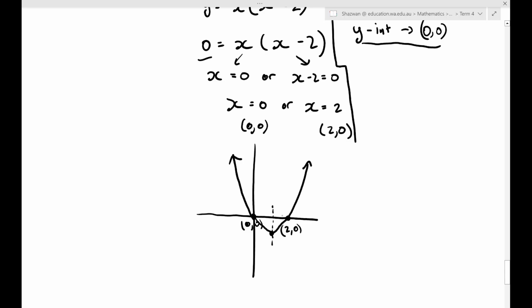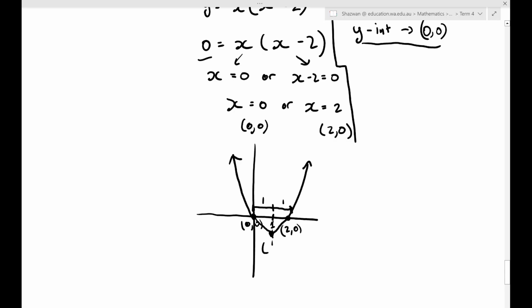The distance from my turning point to my root on the right is going to be equal to the distance from my turning point to the root on the left, because this quadratic is symmetrical. Well, I can see that there's a total gap of 2. That means if I cut it in half, that's going to be a distance of 1, and a distance of 1. This turning point here must have an x value of 1, right?